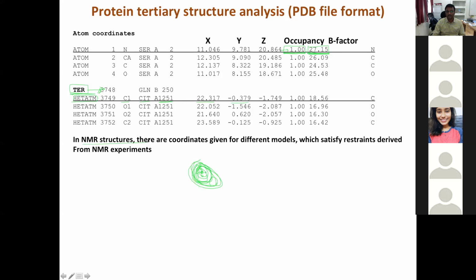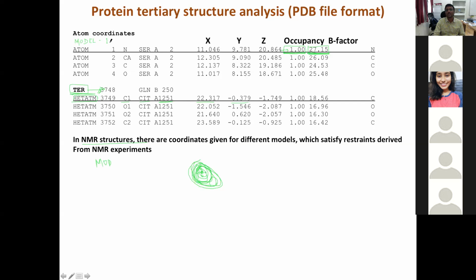So this is for X-ray structures. In case of NMR structures, you have two more details which get in. It's called MODEL. Every set of coordinates starts with something called a MODEL, so model 1, model 2, and so on.